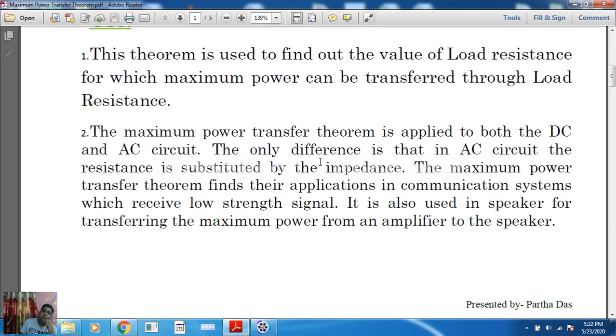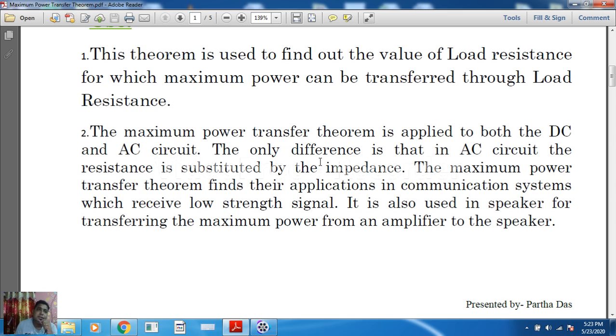As I have told, this theorem can be applied to the AC circuit also. So the maximum power transfer theorem is applied to both DC and AC circuits. The only difference is that in an AC circuit the resistance is substituted by impedance. We already know that with a DC source, inductor and capacitor cannot work: the inductor acts as a short circuit and the capacitor acts as an open circuit, so we cannot consider inductance and capacitance.